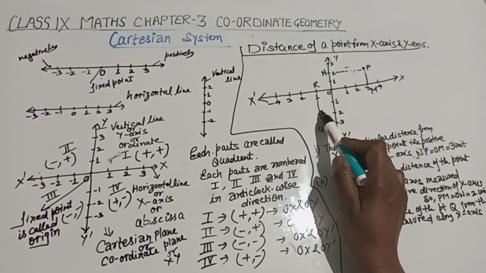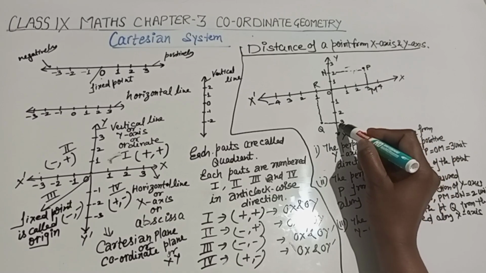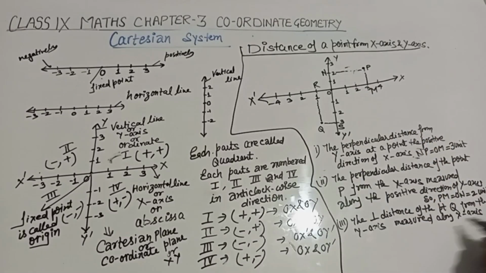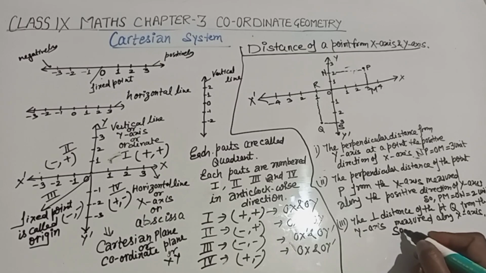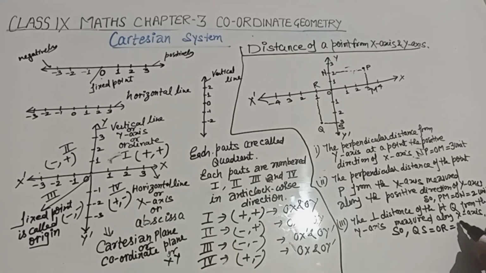You have seen that. So this is S. It means QS is equal to OR is equal to 1 unit.